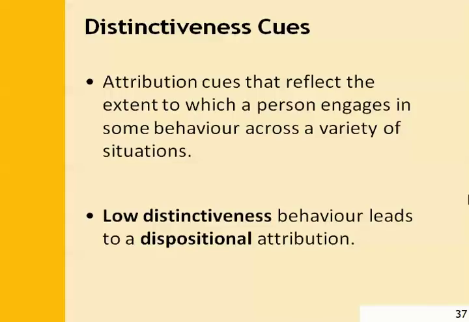In different situations he is always late. In this case, being late is not distinctive to a specific situation. On the contrary, being late does not distinguish a specific situation from others; he is late in all the different situations. So in this case there is low distinctiveness behavior, which leads to a dispositional attribution.